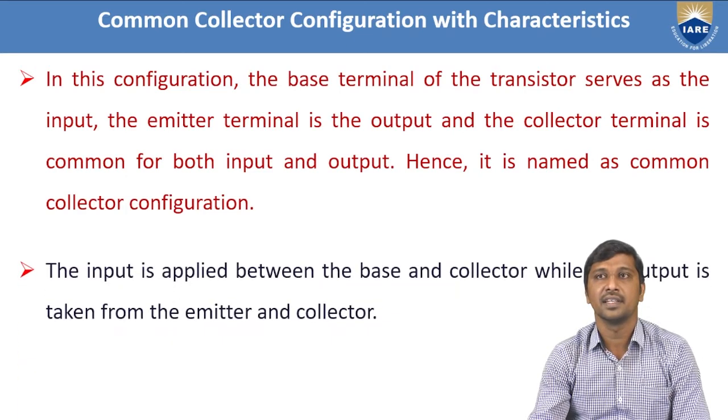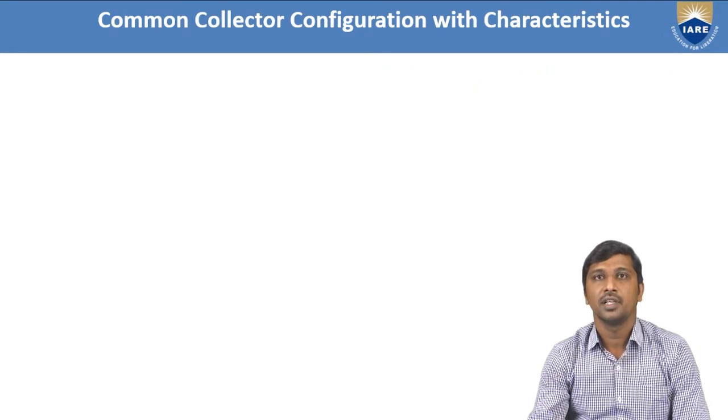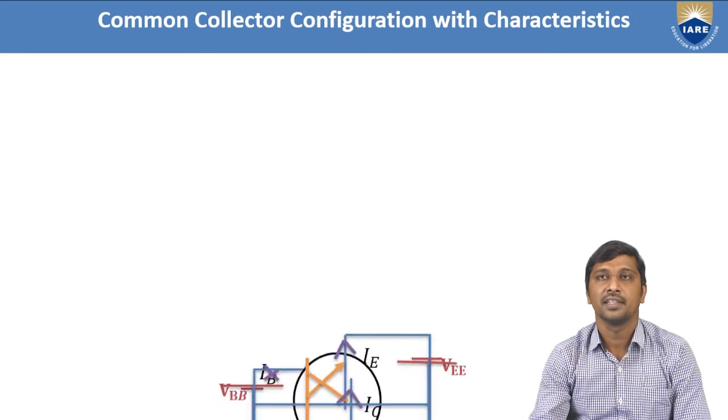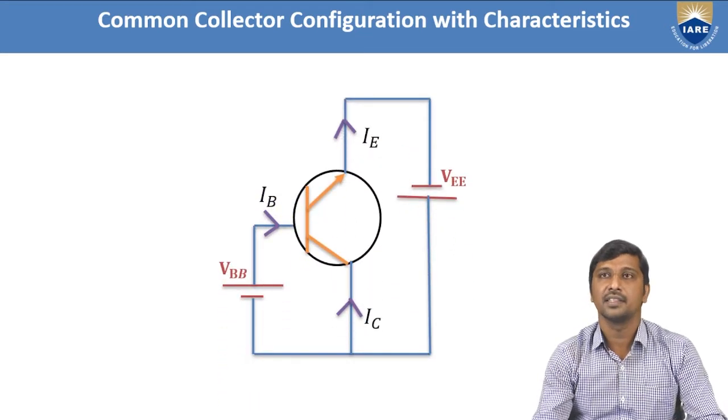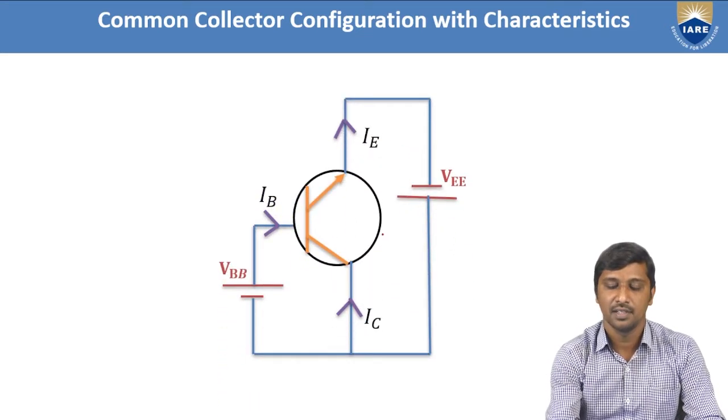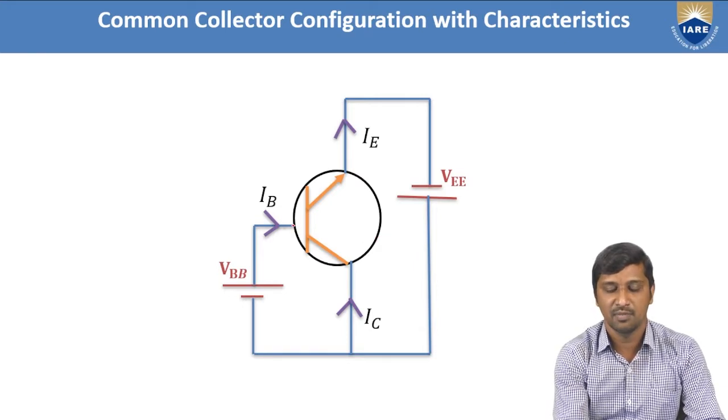From this representation, to make a common collector configuration, we pass the input between base and collector, and we measure the output between emitter and collector. Here I consider the transistor type as an NPN transistor.